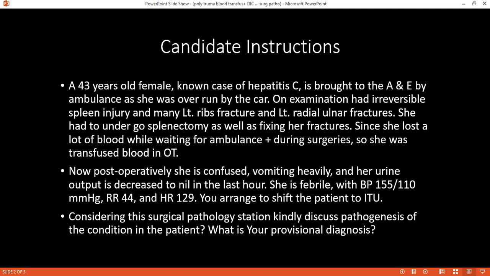Yes, in a patient with liver disease, coagulation factors are affected, mainly factors 7, 9, 10, and 2. Okay, vitamin K factors. Can you tell me from where platelets are formed? Formed from fragmentation of megakaryocytes, yes, from bone marrow.